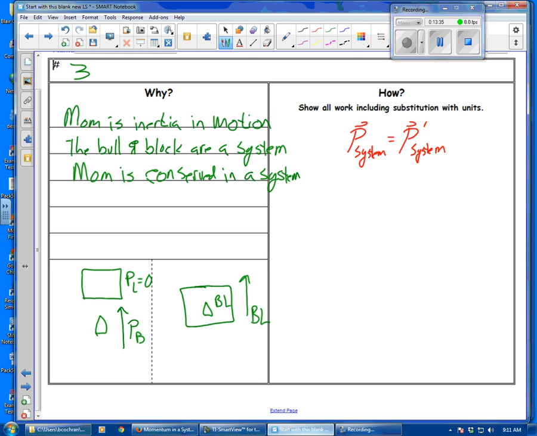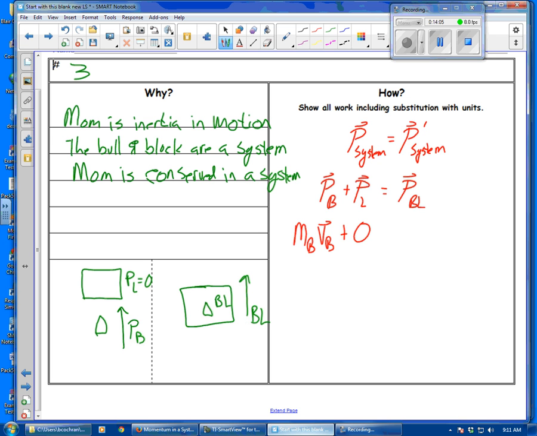Can I start the exact same way as last time? I have 2 objects ahead of time, so I'm going to look at the momentum of the bullet plus the momentum of the block equals the momentum of the bullet that's lodged inside the block, so BL. And this would be the inertia of the bullet, velocity of the bullet, plus 0.